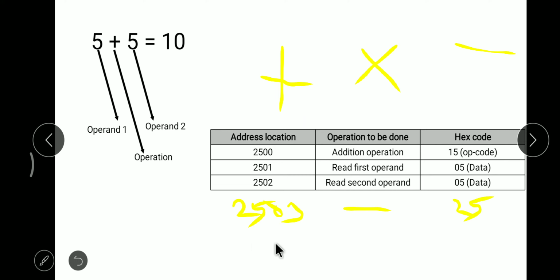Subsequent to that address, we need to mention the data. 5 minus 4, so 5 at 2504, and at 2505 this is 4. So I am instructing my microprocessor with two functions. The first function is addition, the second function is subtraction.